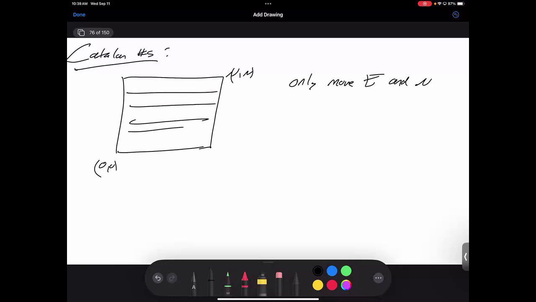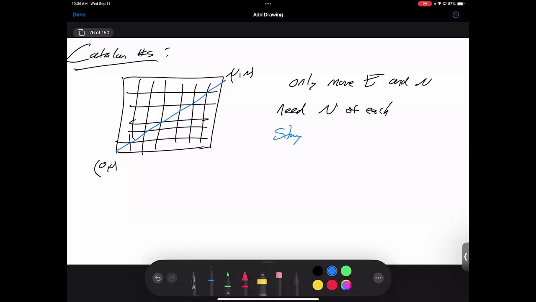How many east steps do I need? How many north steps do I need? Need N of each. And the goal is I want to stay on or below the main diagonal.